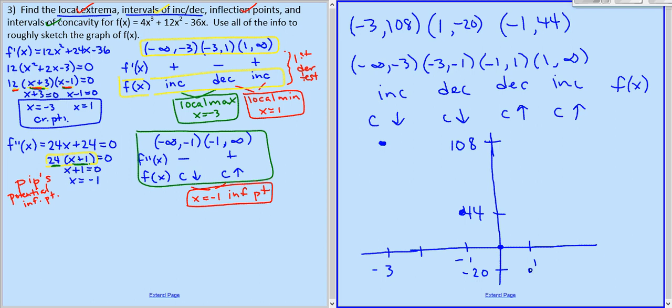Now just imagine if we had time, we could combine this with what we learned last year in pre-calc about where the zeros are, and we could have an even more thorough investigation of this function. Okay, for this interval here, we're going to make our graph increase and be concave down.